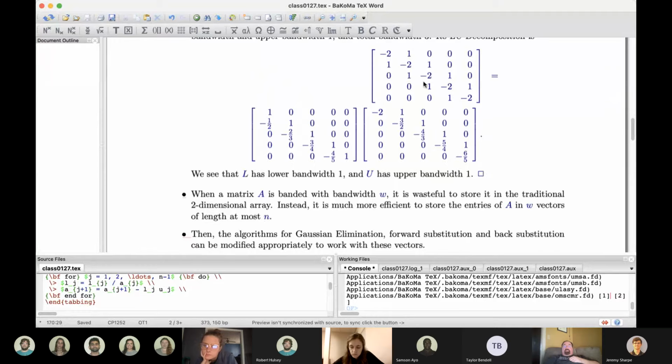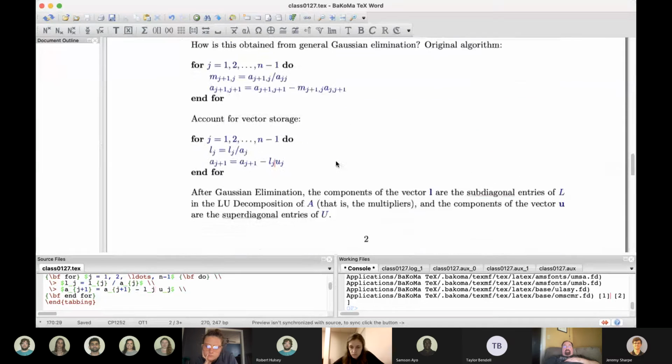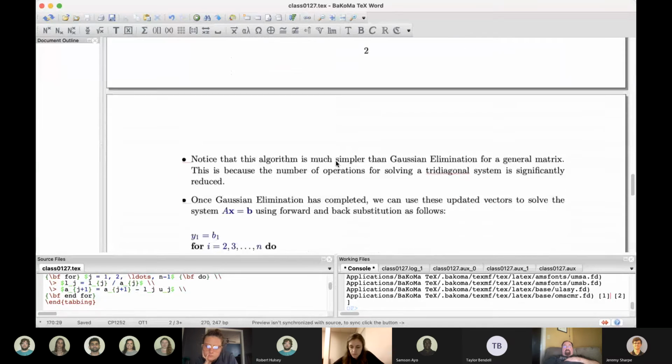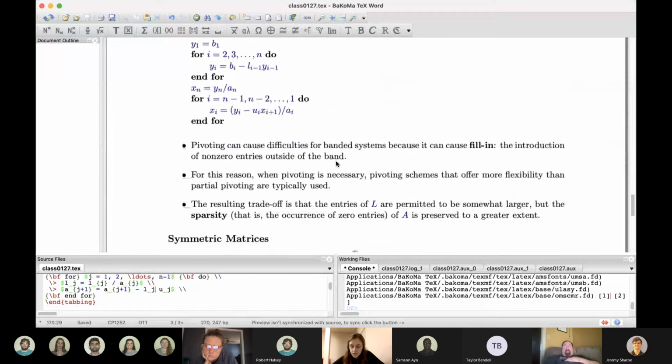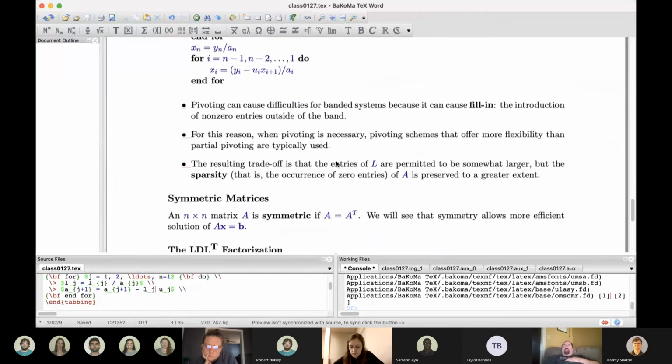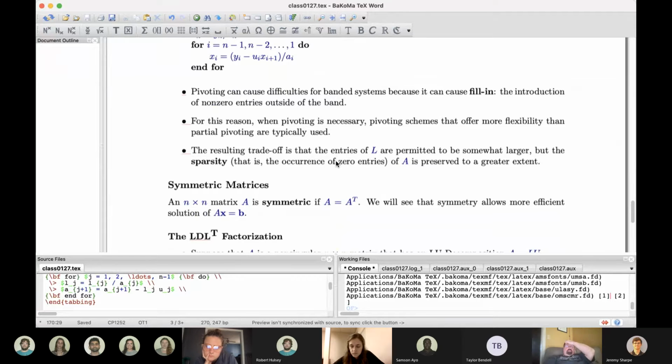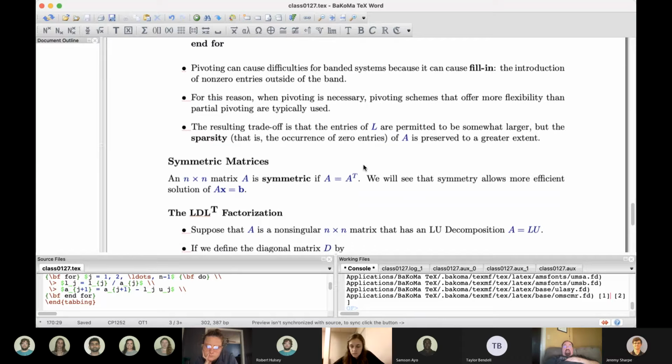It can be proven that pivoting is not necessary for this matrix. And look at the multipliers that we got. These multipliers are less than or equal to 1 in absolute value anyway. So that worked out nicely. Okay, so that's the story with banded matrices, that you can save a lot of expense in Gaussian elimination, but be careful about pivoting. You might not want to do it or change how it's done.